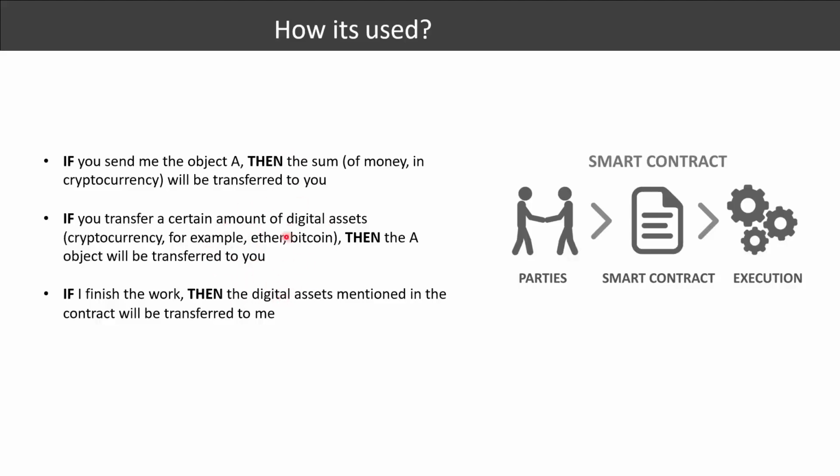This might be an escrow type of approach, where one party sends their cryptocurrency to what they call an escrow, and then as certain conditions are met, those assets are transferred to the other party.